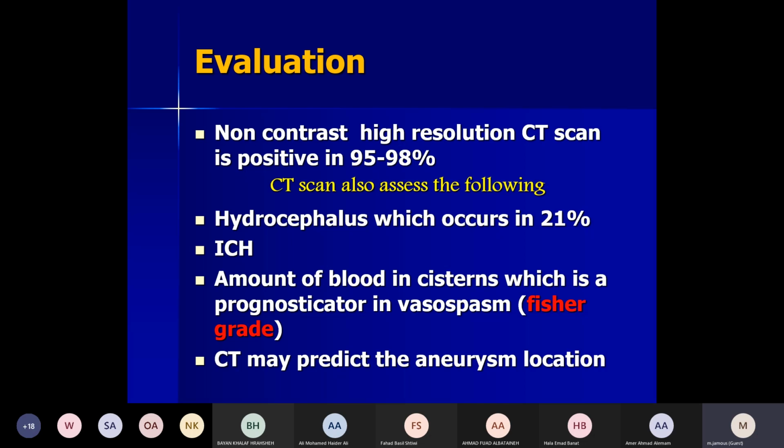We also can detect if there is hydrocephalus complicating subarachnoid hemorrhage, or ICH or IVH. And we also can measure the amount of blood in the subarachnoid space, what we call the Fisher grade. And this is important for evaluation for vasospasm, as we will see later.